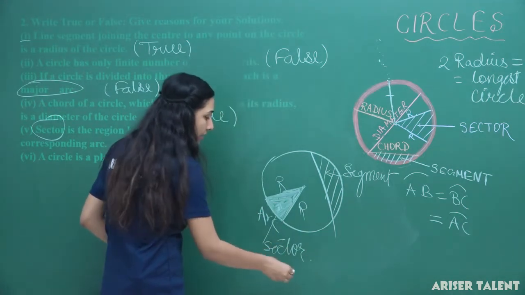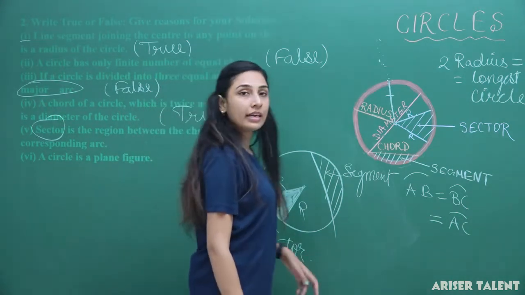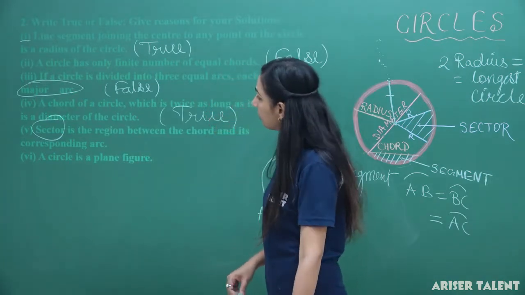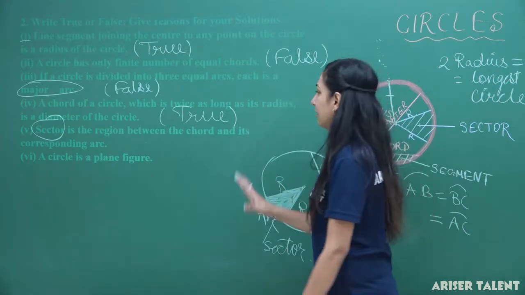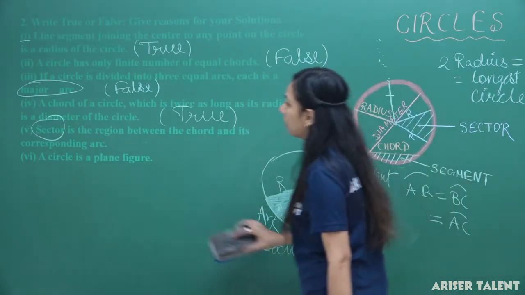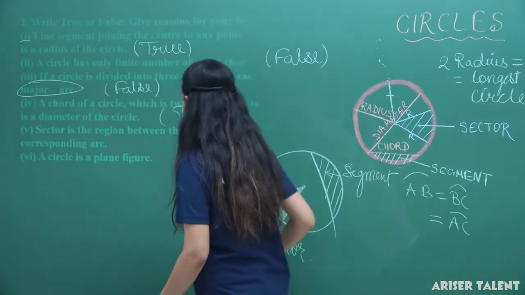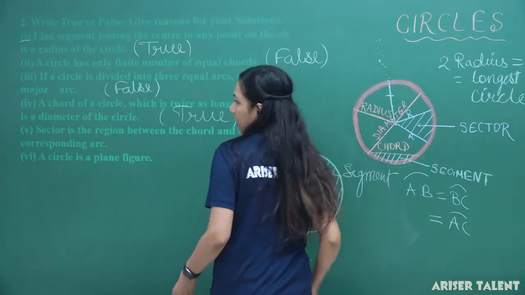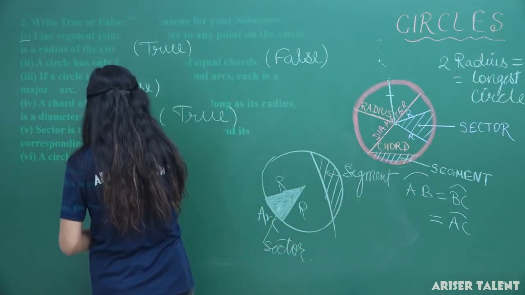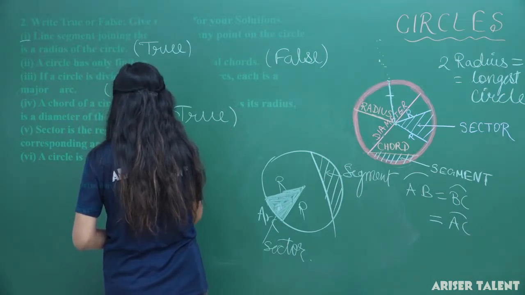So a sector is made by the arc and two radii, and it is saying the sector is the region between the chord and its corresponding arc. Liar. So what will we say here? False, it's false, because we know that this is talking about a segment. It can't fool us. That is a false statement, right, students?